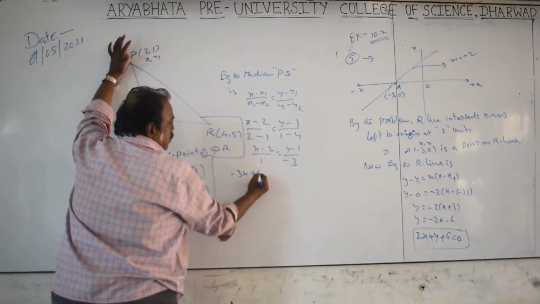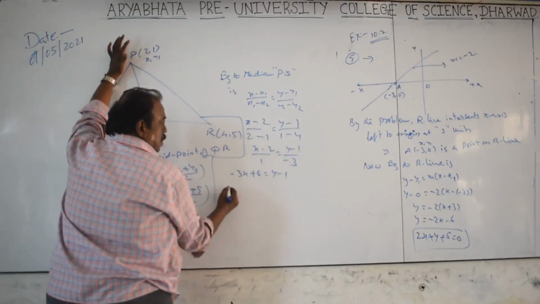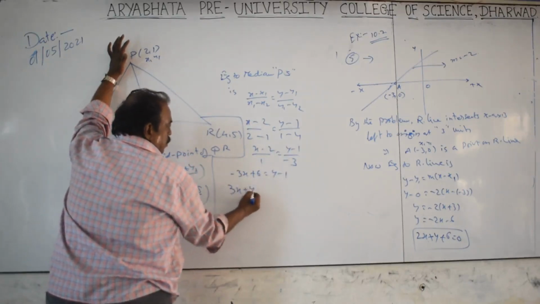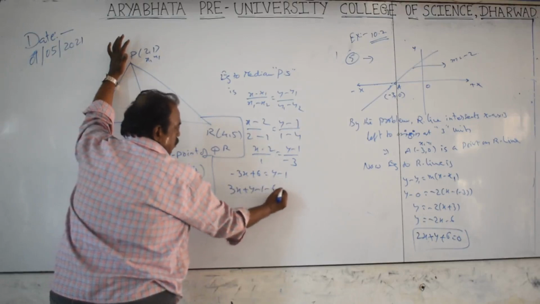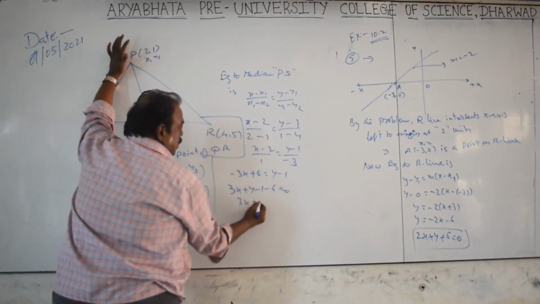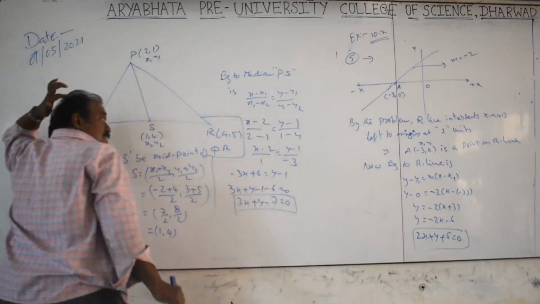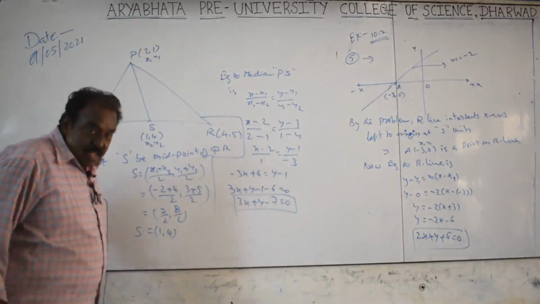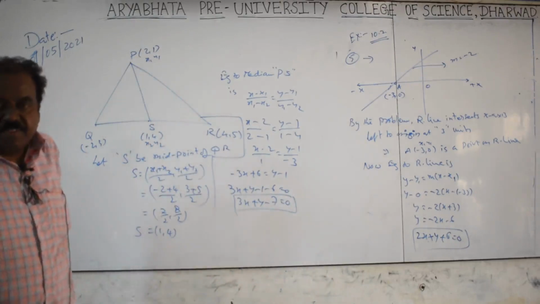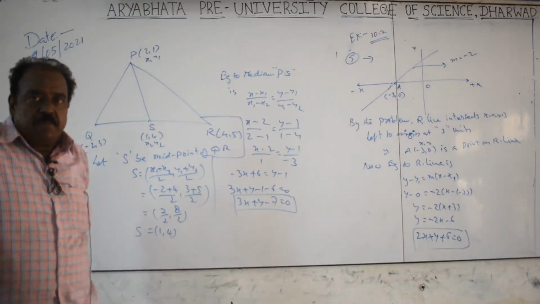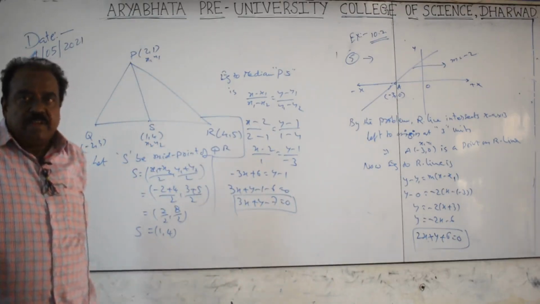Minus 3x plus 6 is equal to y minus 1. It is 3x plus y minus 1 minus 6 is equal to 0. 3x plus y minus 7 is equal to 0, the required equation of the median. Okay, now? That is the 9th problem. Okay?